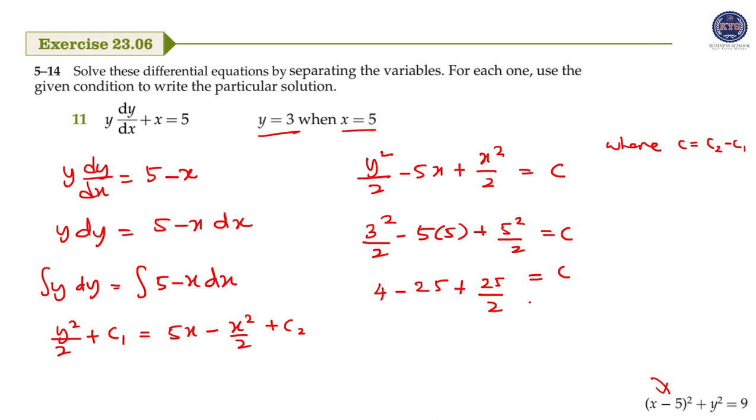4 minus 25 plus 25 over 2. Wait for a while.